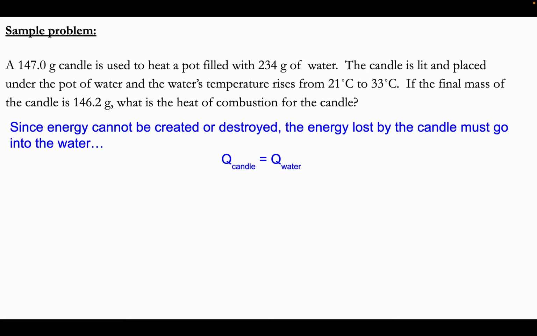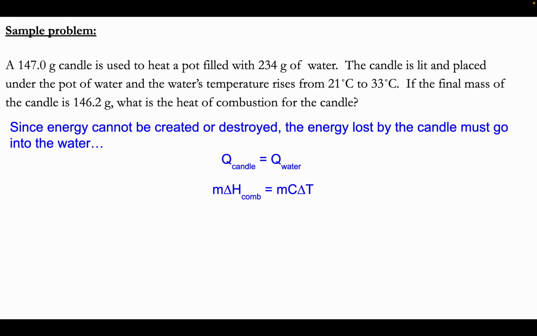So the first thing is that we're going to make some crazy assumptions. We're going to say that all the heat that was contained in the wax of the candle, the fuel of the candle, goes into the water. It's a terrible assumption because heat's going into the air, heat's going into the pot, but let's just keep it simple and say any heat that was in the candle is going to go to the water.